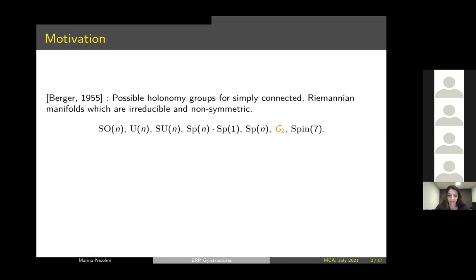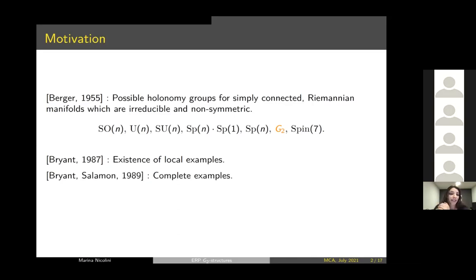A few years later, Bryant proved the existence of local examples in 1987. And 2 years later, in joint work with Salamon, they found complete examples.